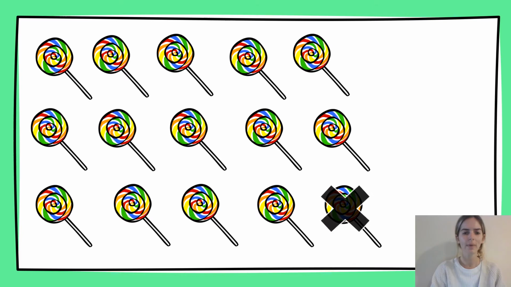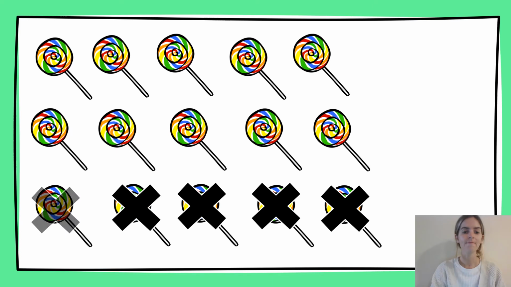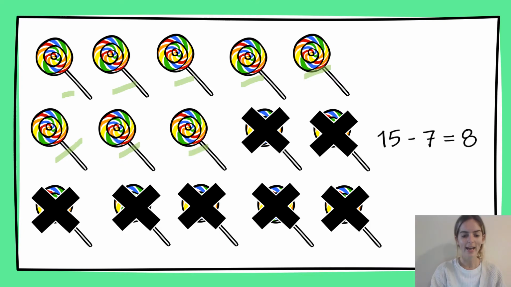So let's cross them out. 1, 2, 3, 4, 5, 6, 7. Okay, so what am I left with? Let's count them. I have 1, 2, 3, 4, 5, 6, 7, and 8. 15 take away 7 equals 8.